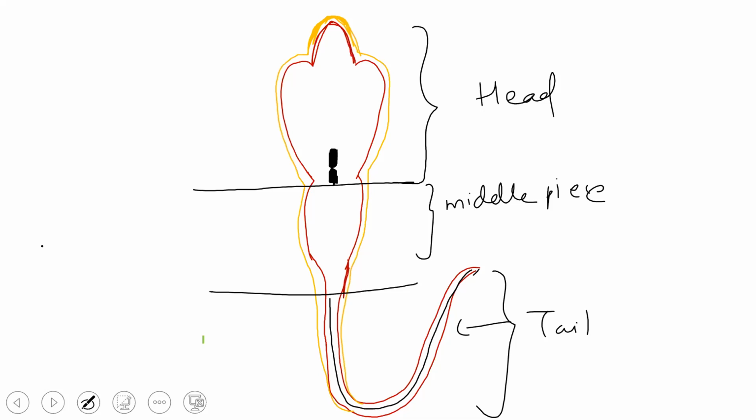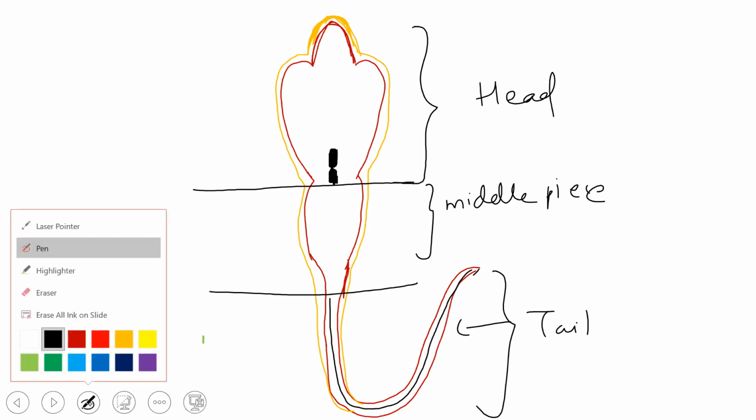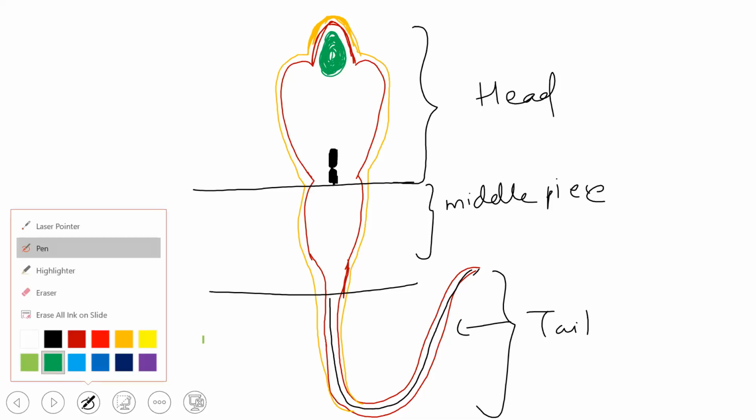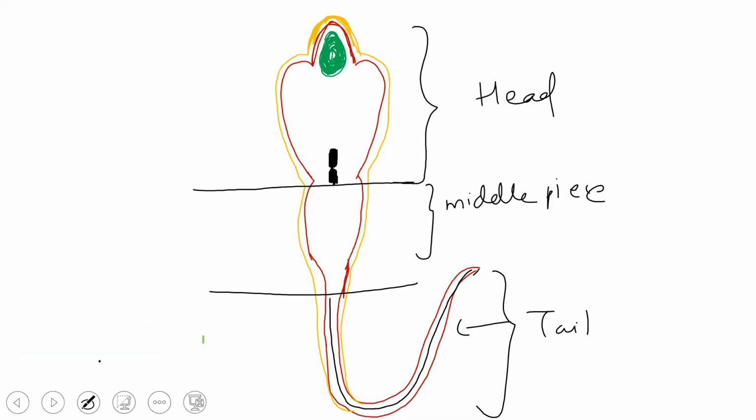The acrosome, which is formed by the Golgi body, will be in this part. Then this region will have the nucleus.